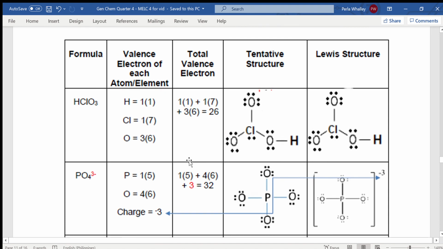So that means when you pass, there is only one table, but you will follow this arrangement for the table that you will pass. This last table. So you have the formula, the valence electron of each atom or element, the total valence electrons, the tentative structure, and the final Lewis structure, okay?